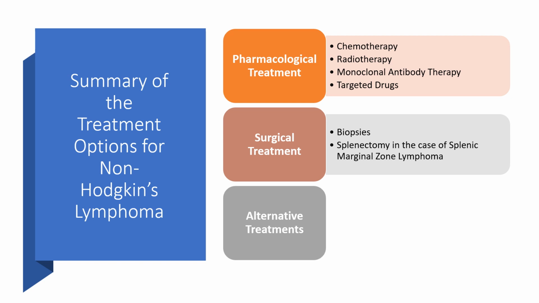Testing purposes would include biopsies being done, and the only actual surgical procedure would be a splenectomy, where the spleen is removed in the case of marginal zone lymphoma. Alternative treatments are basically used for managing symptoms and stress relief and symptom relief.